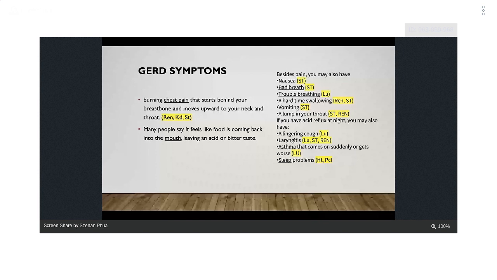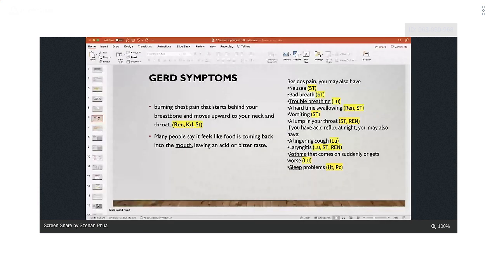If you have acid reflux at night, you may also have a lingering cough. So it means this patient, they lay down. Let me show you. For some patients, coughing is very obvious. When they lay down at nighttime, they cough. If they stand up during the day, no coughing.